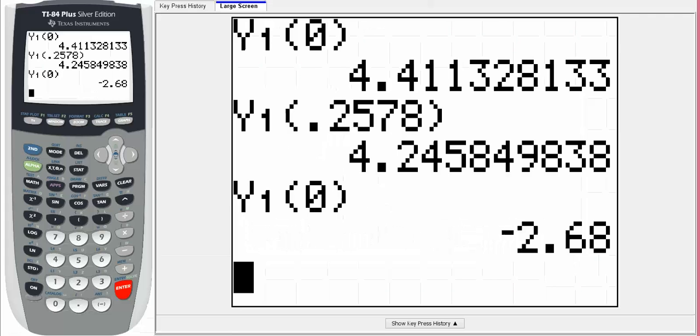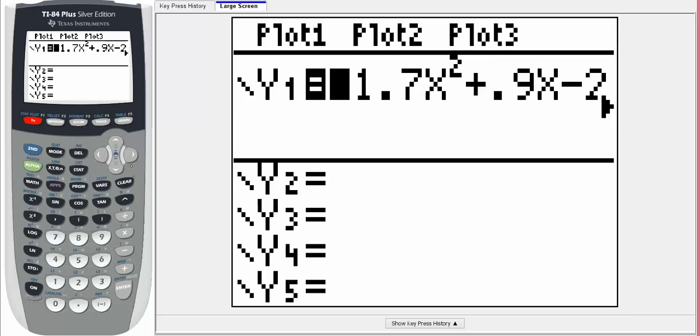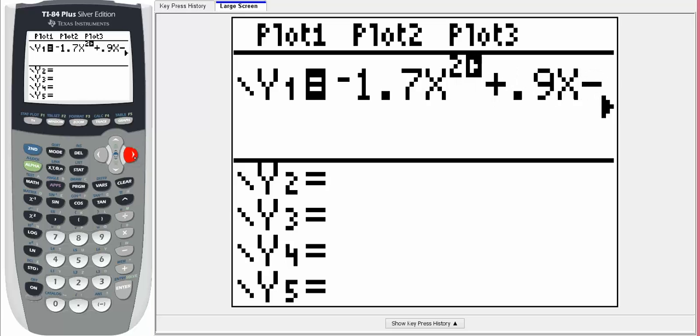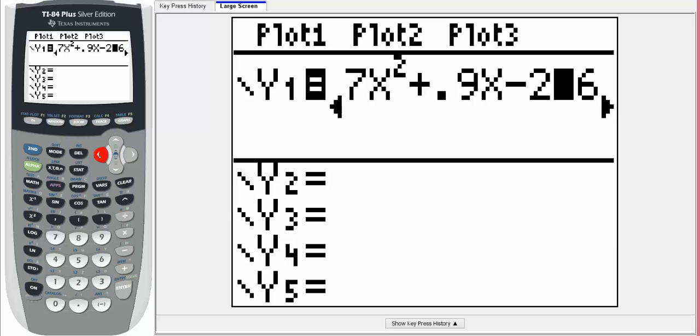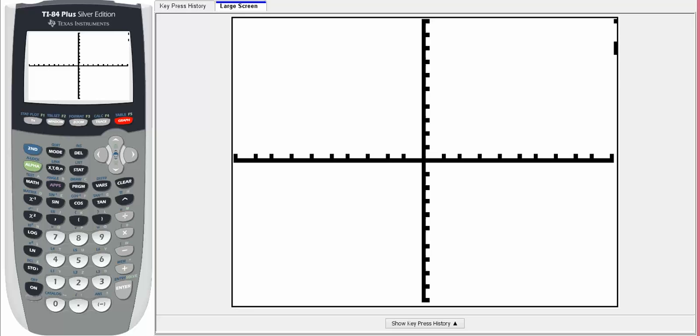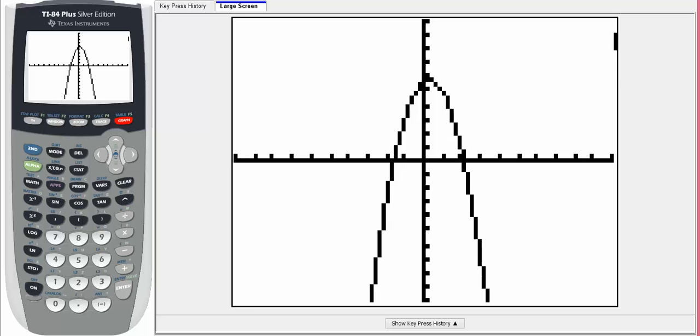Now, on this function, let's change it a little bit. Instead of minus 2.68 here, let's make it plus 5, like this. If I graph this, what's it going to look like? Now for finding the x-intercepts, what function on the calc do I use here?